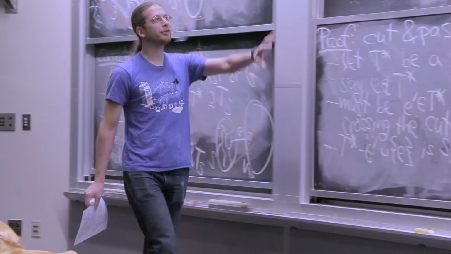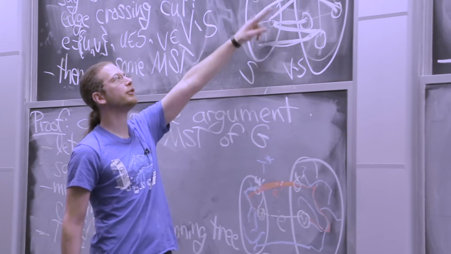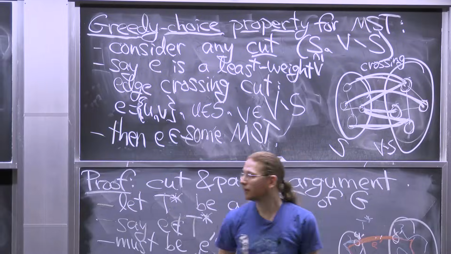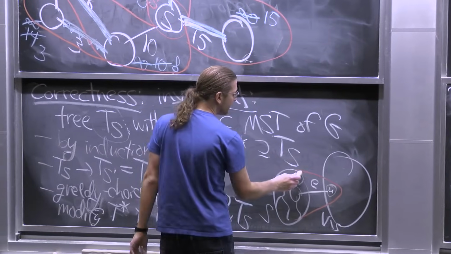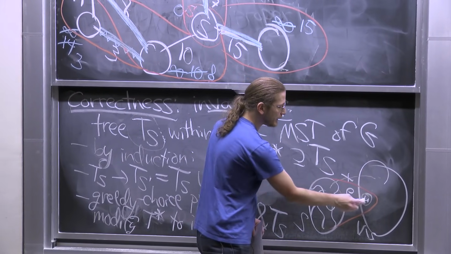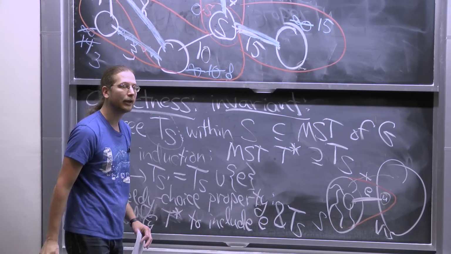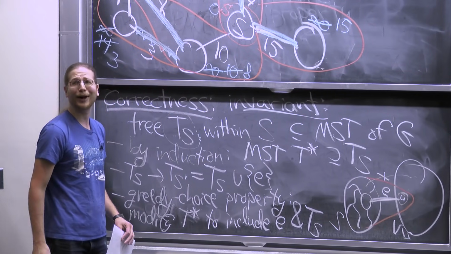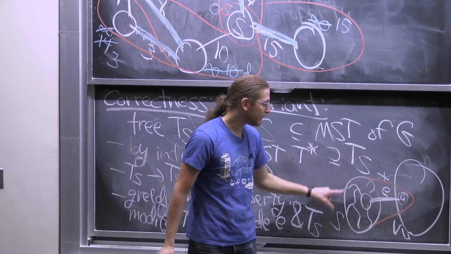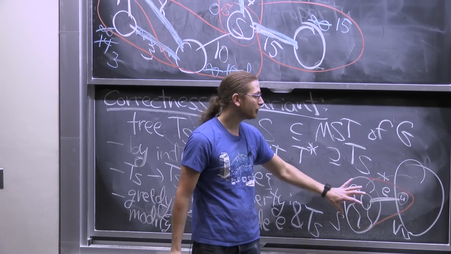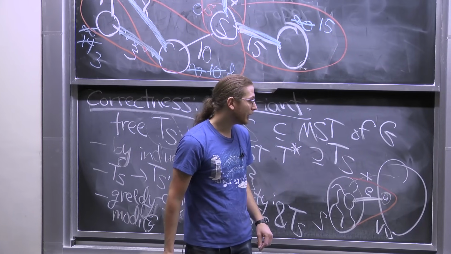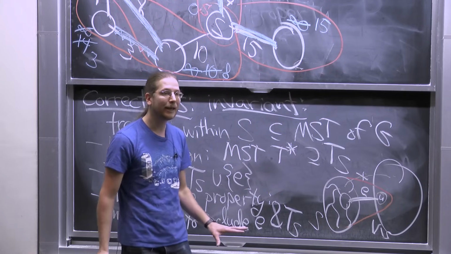And if you remember the proof of this greedy choice property, we said, well, all we need to do is remove one edge that crosses the cut and replace it with E. So here what I'm saying is there's some edge, yeah, maybe there's some edge over here in T star that we had to remove, and then we put E in. And then we get a minimum spanning tree again, T star prime. OK? This edge that I remove cannot be one of the T sub S edges because the T sub S edges are all inside S. So because I'm only removing an edge that crosses the cut, I'm not disturbing T sub S. T sub S will remain inside T star.